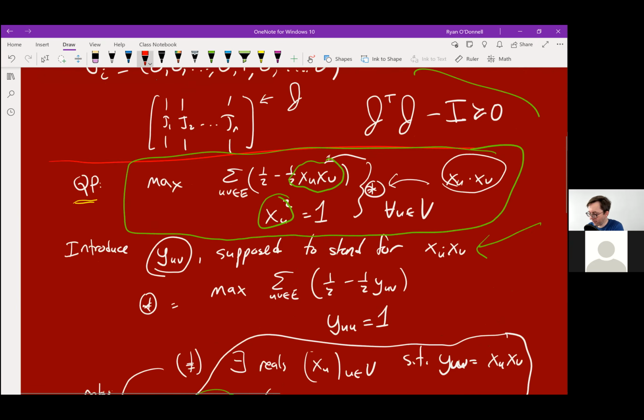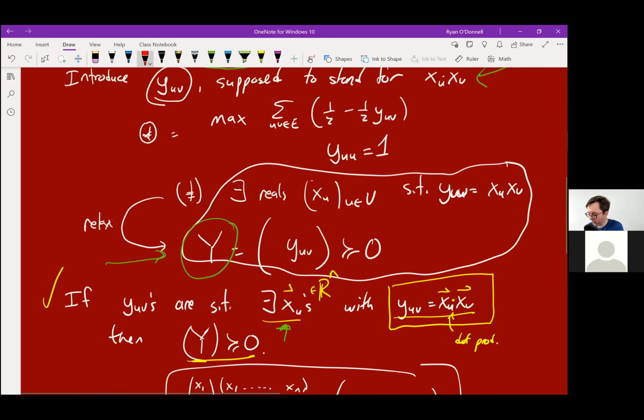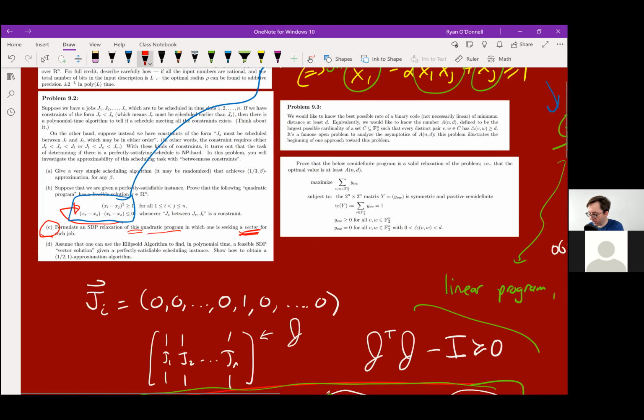And then I had the constraint that y had to be positive semi-definite. And then the vectors would be, since every position in the matrix is the dot product of two vectors, each job is just one of those vectors.